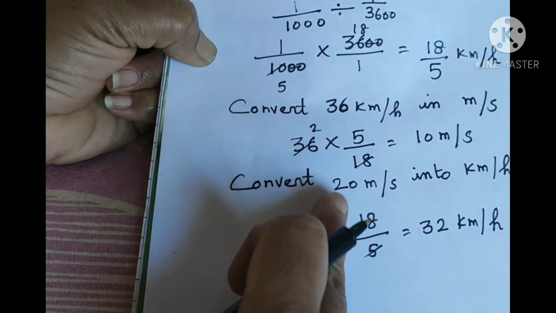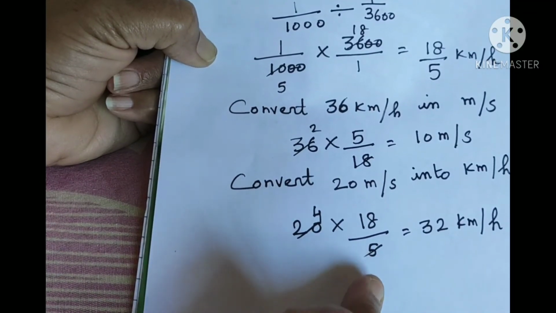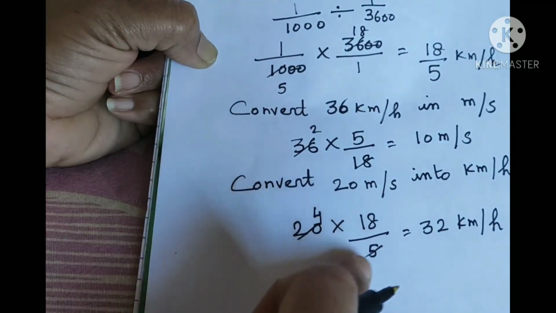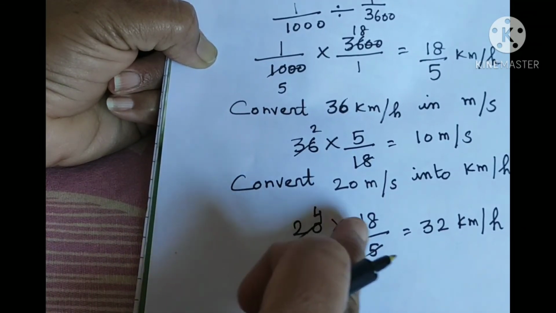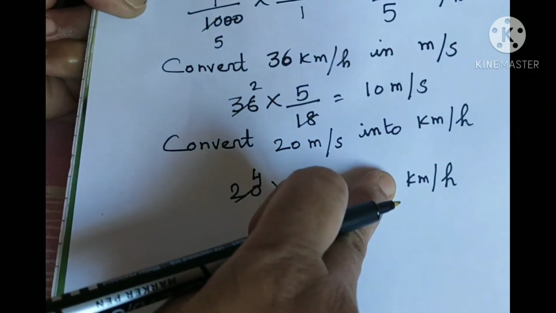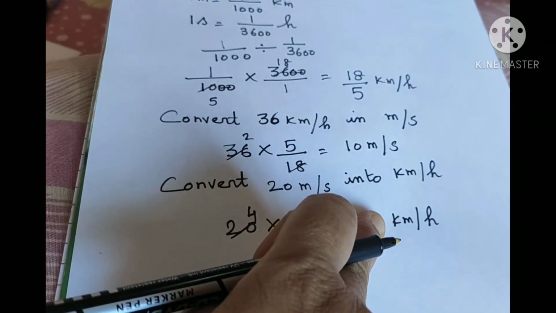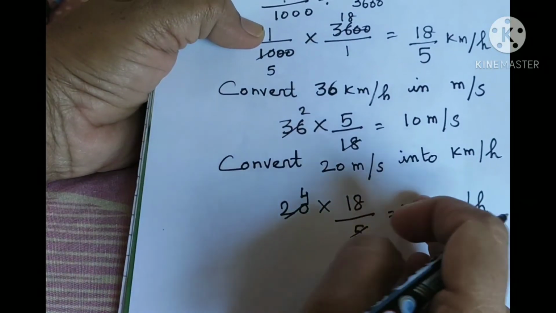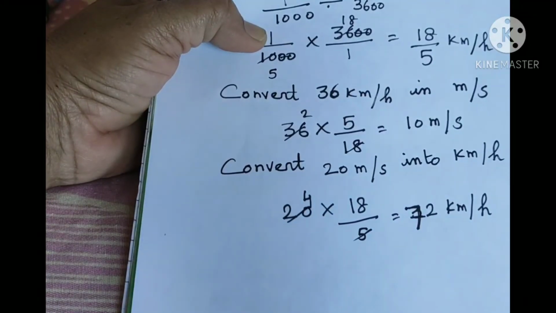To convert meter per second into kilometer per hour, multiply with 18 upon 5. Then cancel with the 5 table, 5 4s are 20. 18 multiplied by 4 is equal to 72 kilometer per hour.